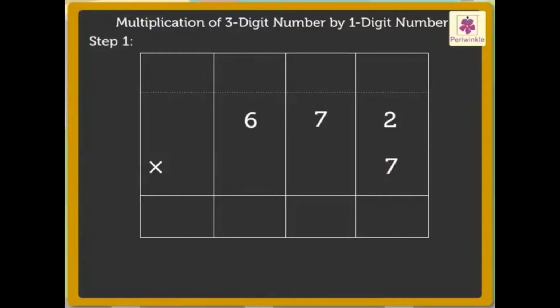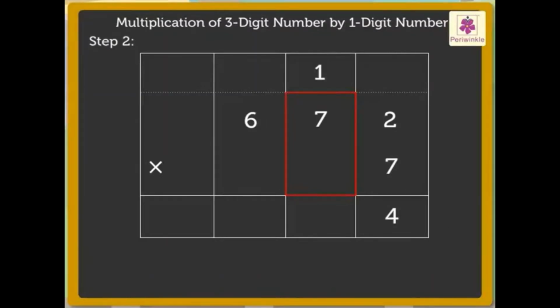Step 1. Multiply the ones, that is 2 ones into 7 is equal to 14 ones. Regroup the 14 ones as 1 ten and 4 ones. Step 2.